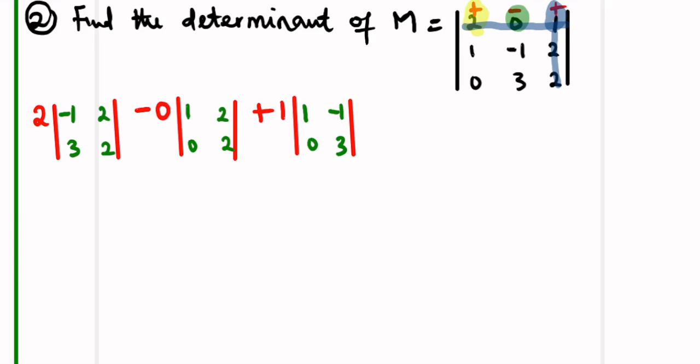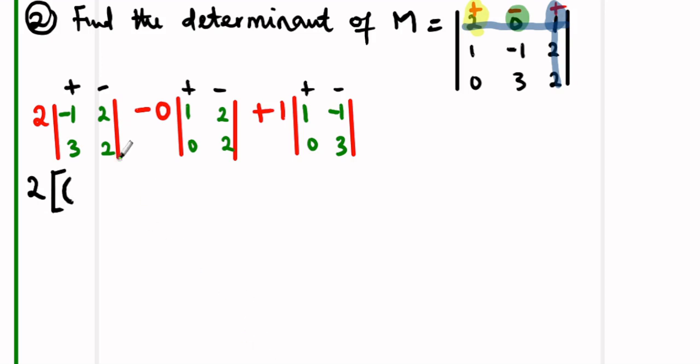So the next thing we'll have to do here is to place the sign on these 2 by 2 matrices we formed now. Plus, minus, plus, minus, plus, minus. So now let's get the determinant for the 2 by 2 matrices before we can multiply them to the elements in the first row. So now I have 2 in a bracket, then the determinant.